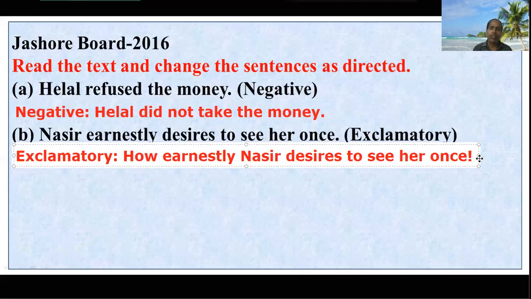If there is no adjective or adverb, you have to apply this rule in the same way.